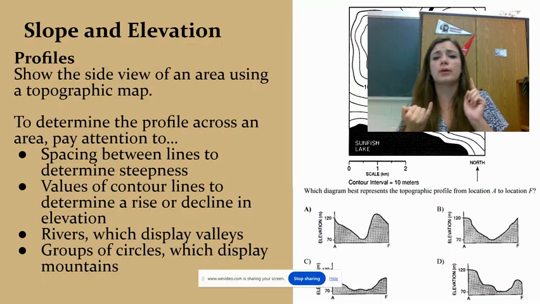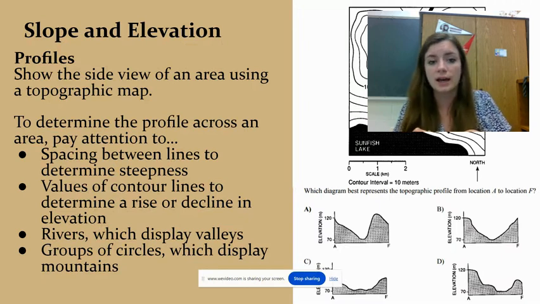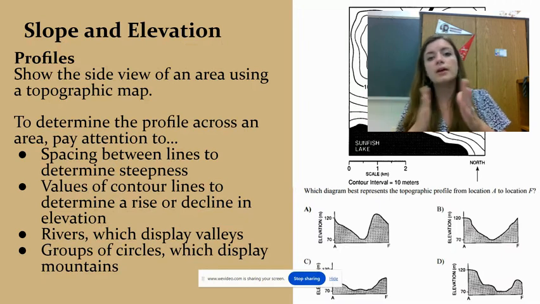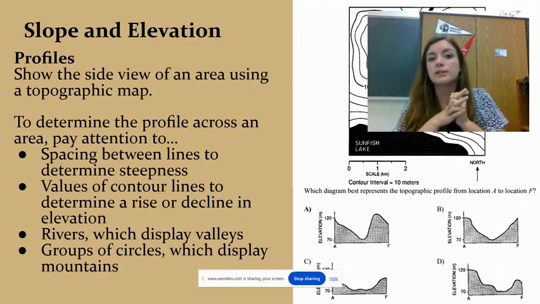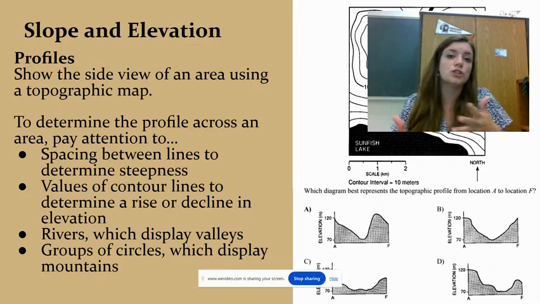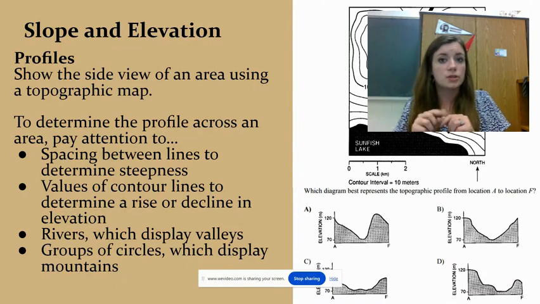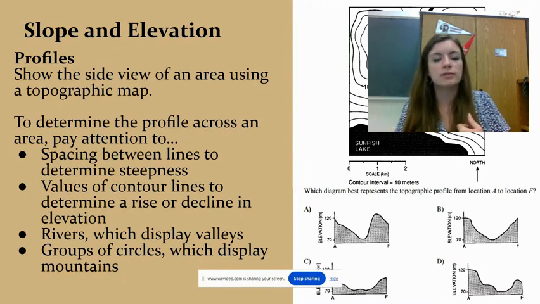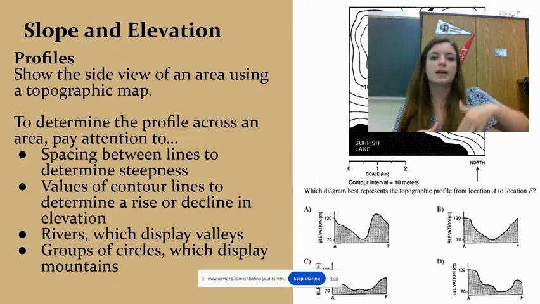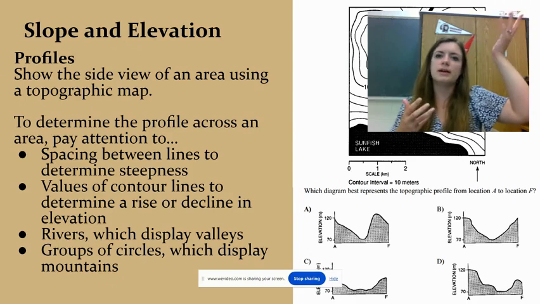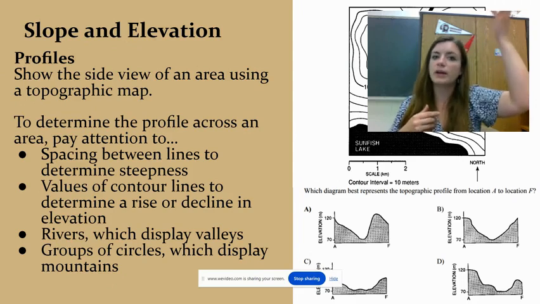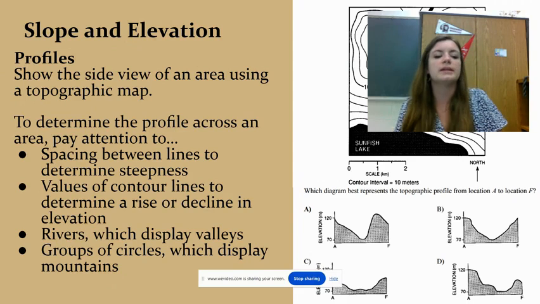You're going to look for the spaces between lines. Just as we mentioned before, the spacing between lines is going to determine how steep or gentle a slope is. So that's going to be key. We're also going to look for the values of our contour lines, because that'll tell us how high the highest point is and how low the lowest point is. So we're definitely going to look at our values.